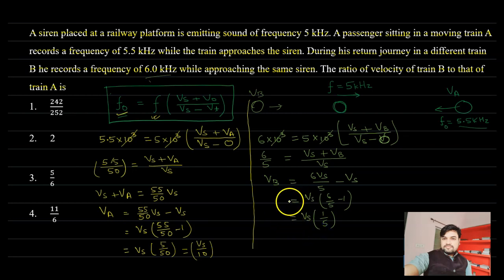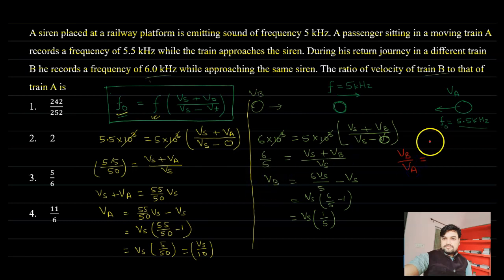Okay. Now we have to calculate the ratio of velocity of train B to that of train A. So we have to calculate the ratio Vb to Va.